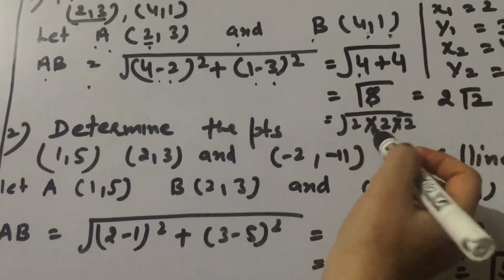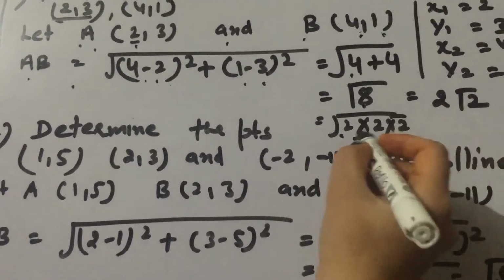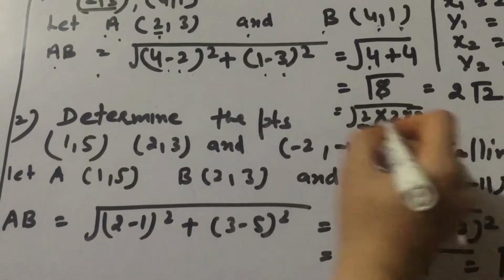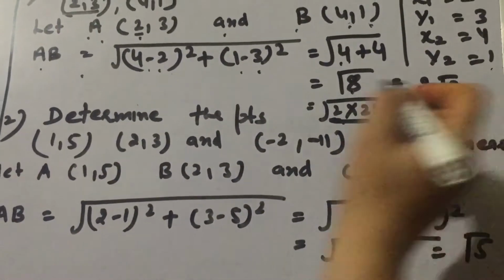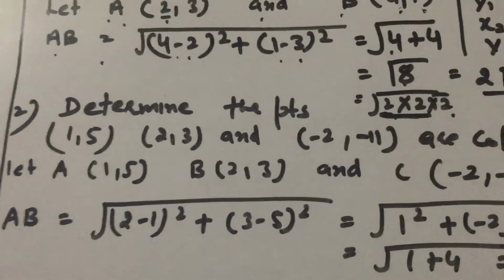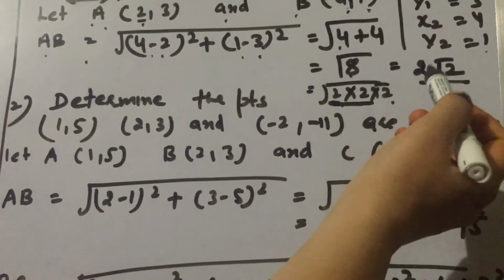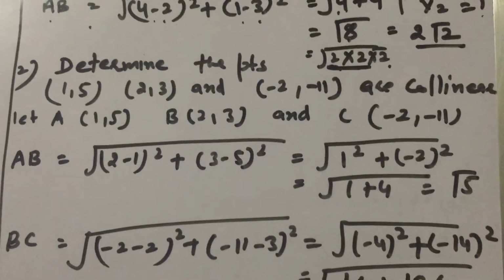This is root 8. We can write 2 into 2 into 2. From one pair we can take a single 2 outside the root, giving 2 root 2. So the distance AB is 2 root 2 units.